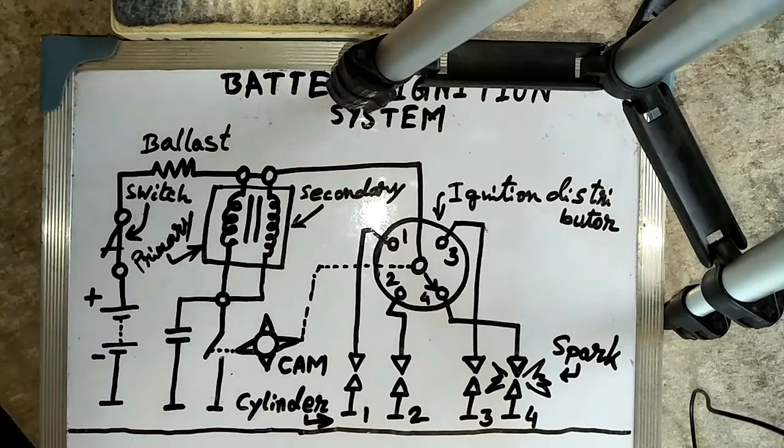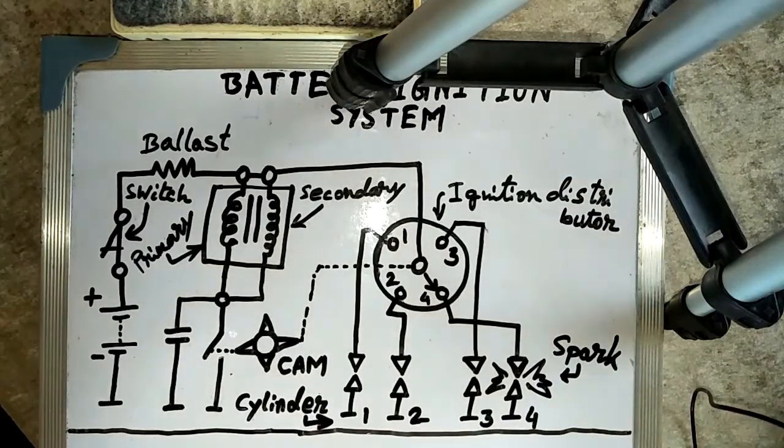Now the operating or working principle of the battery ignition system. The source of the ignition energy in the battery ignition system is the ignition coil. This coil stores the energy in its magnetic field and delivers it at the instant of ignition, that means at the instant of firing, in the form of a surge of high voltage current, or the ignition pulse, through the high tension ignition cables to the correct spark plug.